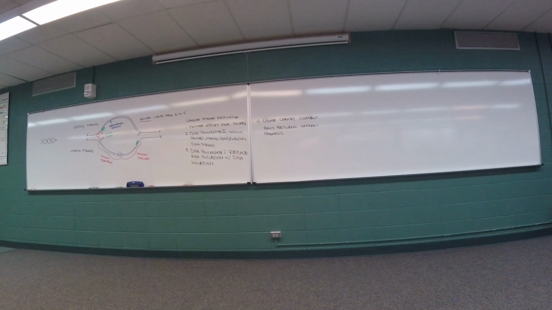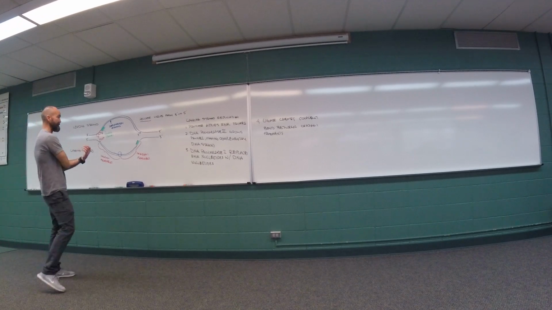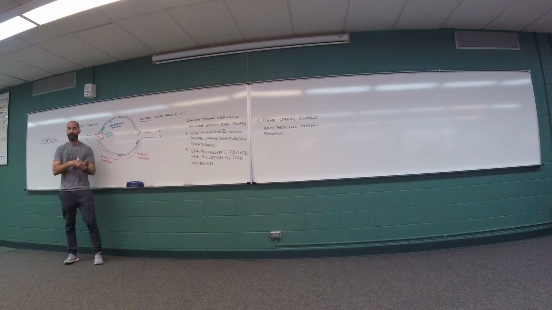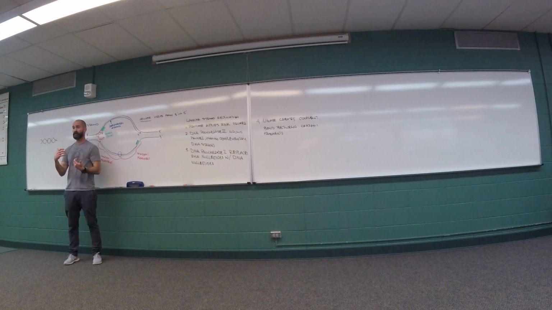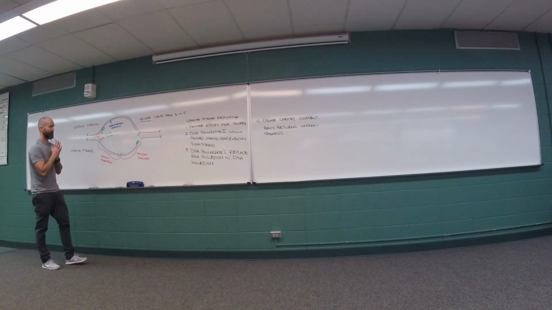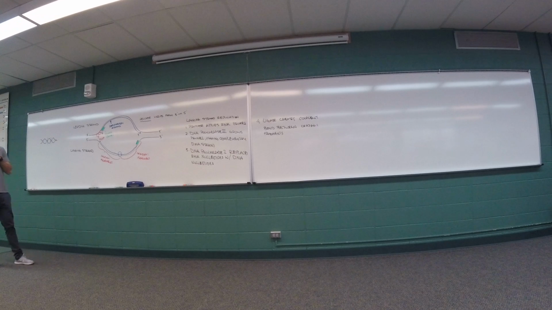That phosphodiester bond is a product of dehydration synthesis, because ligase is taking an OH from one group and an H from another group, creating a water, opening up a covalent bond space, and those two things are stuck together. Okay, good.